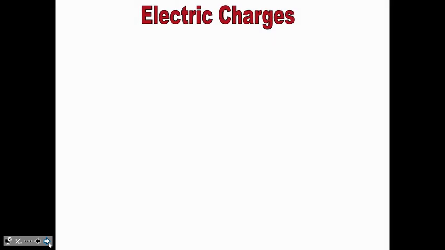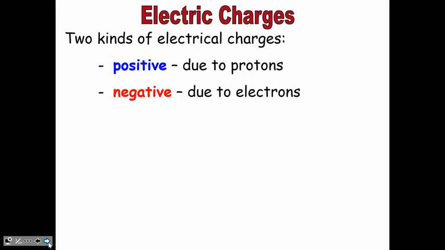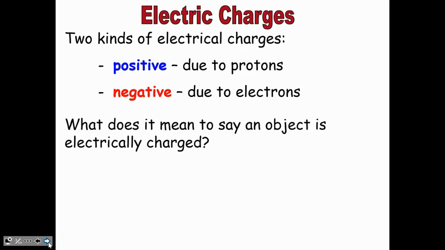Two out of those three particles have electric charge, the proton and the electron. The protons have a positive charge, and the electrons have a negative charge. The charges of those two subatomic particles are responsible for the two different kinds of electric charge, positive and negative electric charge.